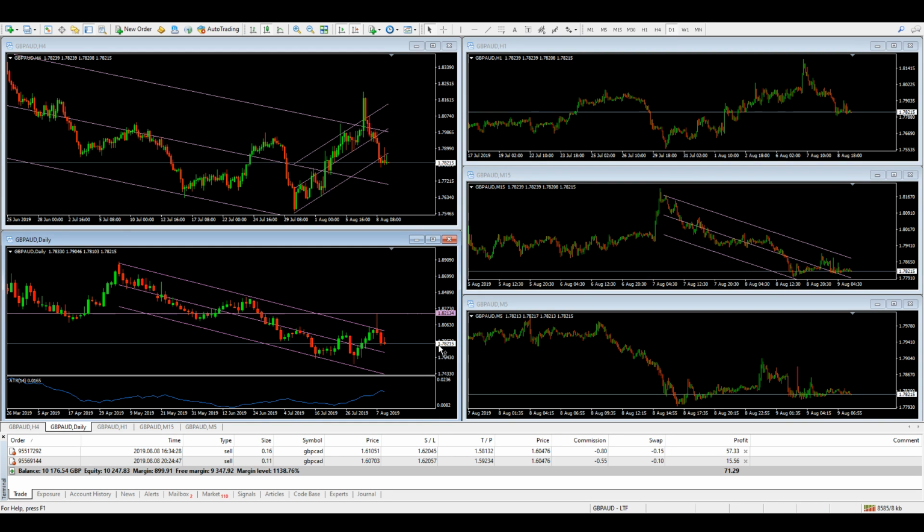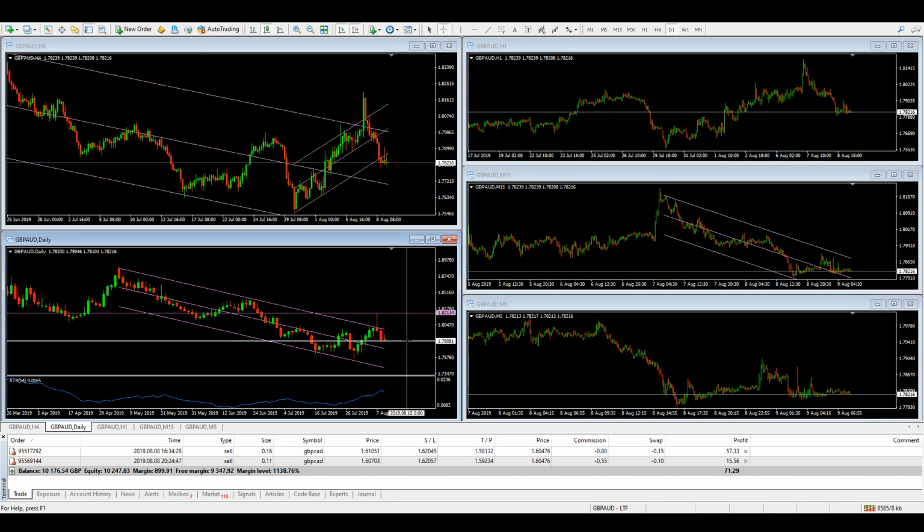So that would mean even on a 1-to-1 reward to risk, our profit target is way down here, where it has to be really oversold to get out on a 1-to-1. Now, the market can do anything.